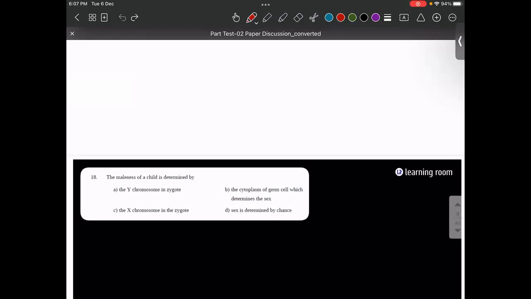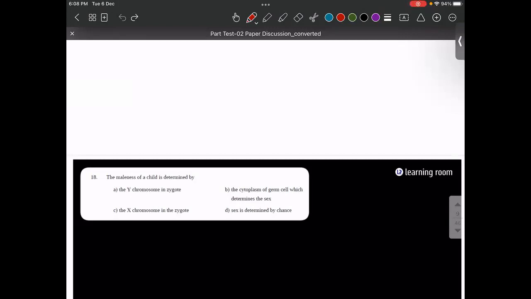See, in honeybee, it depends on fertilization. If the egg is fertilized, the chromosome number is duplicated so that the diploid condition develops into female. But if the egg is unfertilized, the haploid condition results in the development of male. Remember? Yes, sir. Okay, fine.